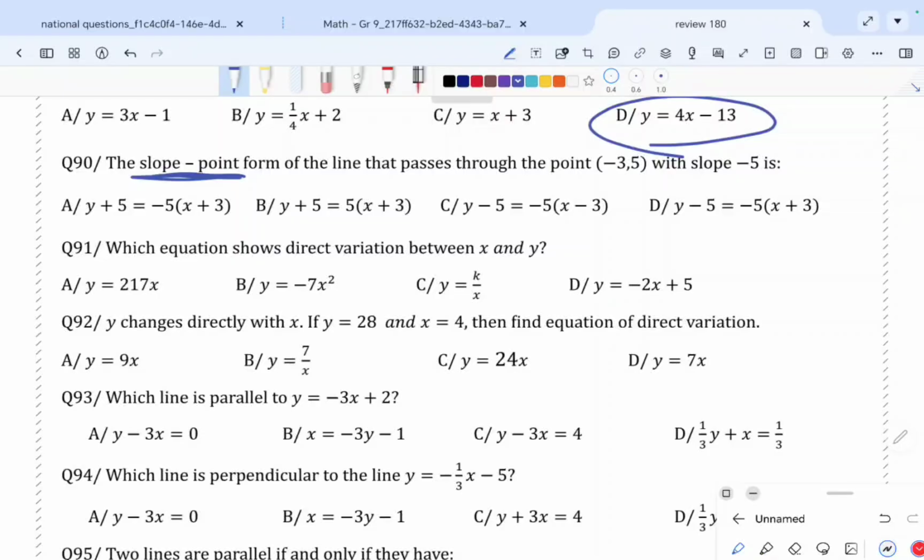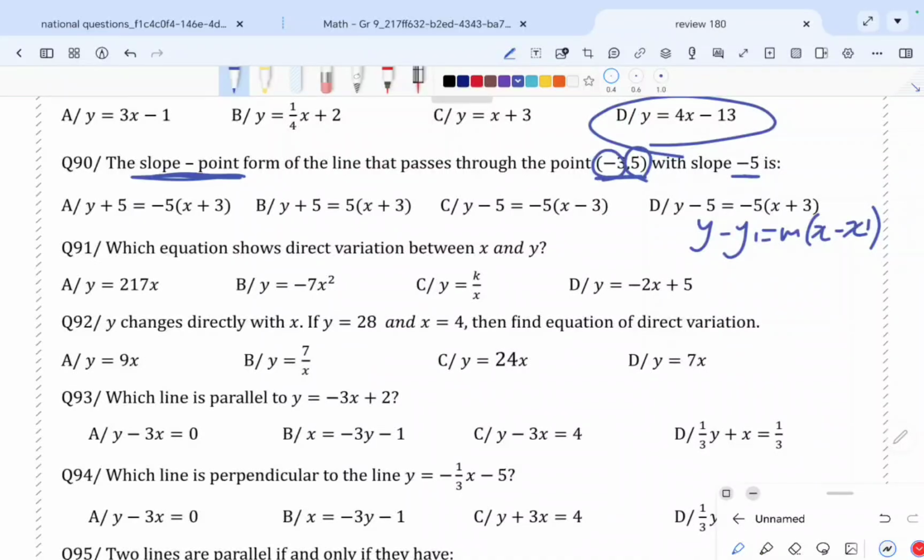The same thing, the point-slope form, please pay attention. The line that passes through the point (negative 3, 5) with slope negative 5. Put it inside the rule. The rule is y minus y1 equals m times x minus x1. You have to choose the opposite sign.